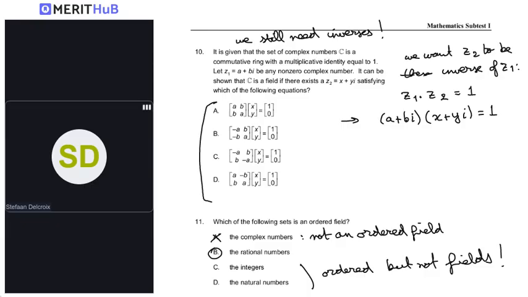So we get AX plus AYI plus BIX plus BYI squared is 1, but I squared is -1. So the real part is AX minus BY, and the imaginary part is AY plus BX.